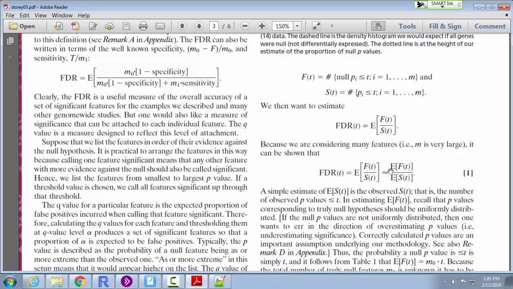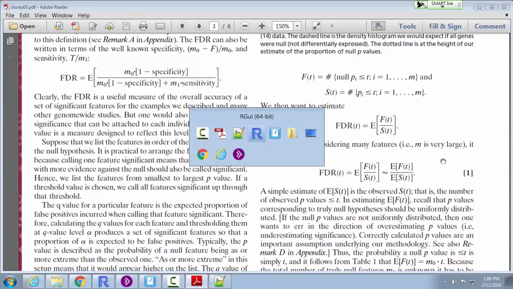It's approximately equal to the expected value of F divided by the expected value of S. The expected value of S, I can estimate with just S. S is the number I just computed. If the p-value is 0.05, that's the threshold. How many of them had p-values less than 0.05? So it boils down to estimating this thing, this numerator. What is my estimate of the number of null features in my data?